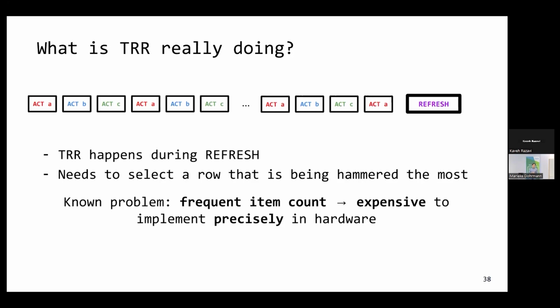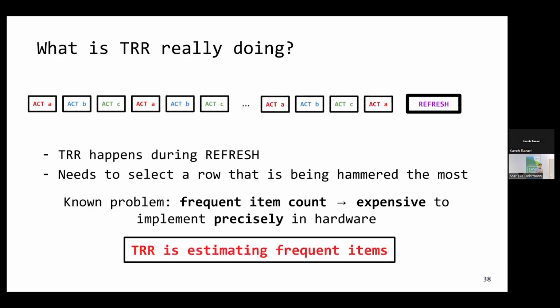The problem is that doing precise frequent item count is expensive, because you need to have a counter for essentially every row. You need fewer counters if you use algorithms such as Misra-Gries and whatnot. But still the number of counters that you would need is a lot, which would mean that this is an expensive mitigation to implement in hardware. So probably what they're doing is they're estimating these frequent items, right?